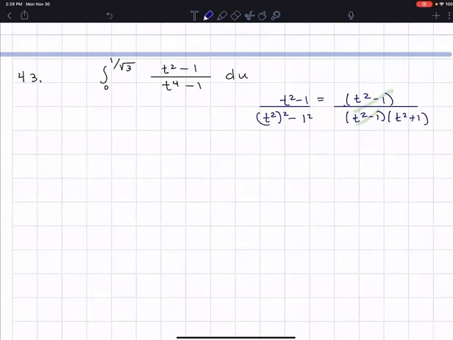And so, in fact, this is equal to the integral from 0 to 1 over rad 3 of 1 over t squared plus 1. And by the way, hold on. Why am I putting u here? This is supposed to be dt, unless I wrote down the problem wrong.